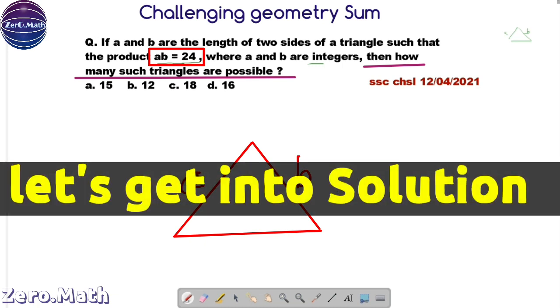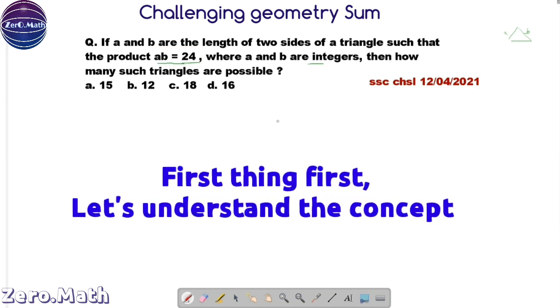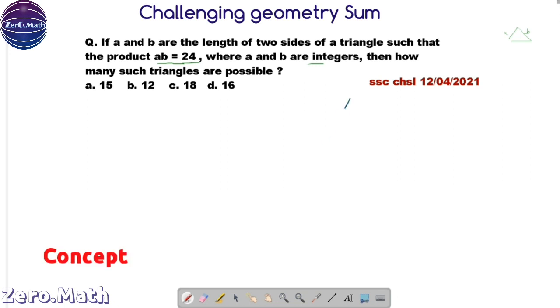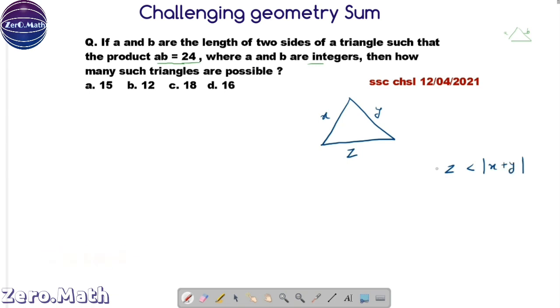Now let's get into the solution of this problem. First things first, let's understand the important concept to solve such kind of question. Let's draw a triangle, and in this triangle, let's say the sides are x, y and z. If we know the values of x and y, then there is some relation to the value of z. That is, the value of z has to be less than modulus of x plus y, and it has to be greater than mod of x minus y.